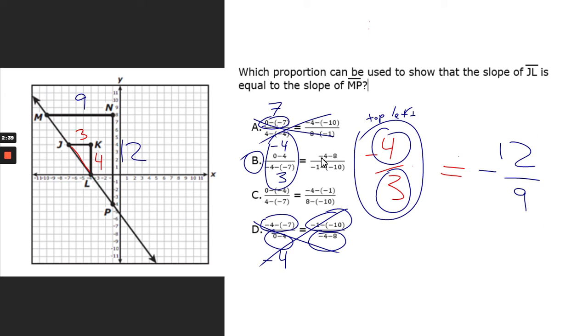Negative 4 minus 8 is negative 12. In the calculator, you just type that in. And then negative 1 minus a negative 10 would be a positive 9. So on the right side, it matches up perfectly. Negative 4 over 3 matches my negative 4 over 3, and negative 12 over 9 matches up. And so that's how you can work that problem. I know that one's a little strange. I wanted to go over that one with you.